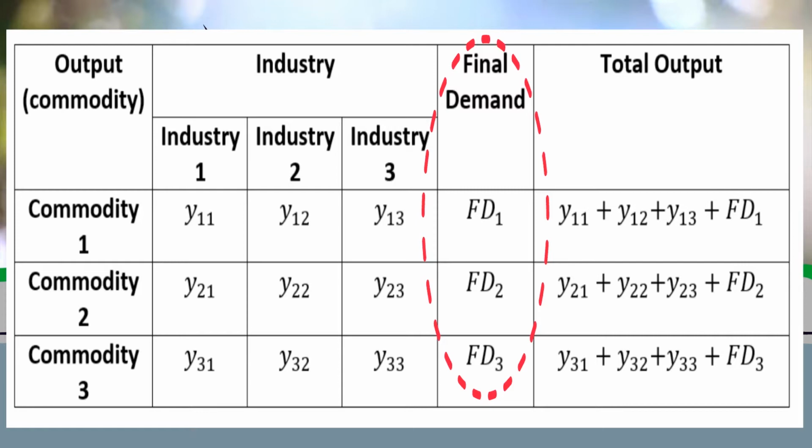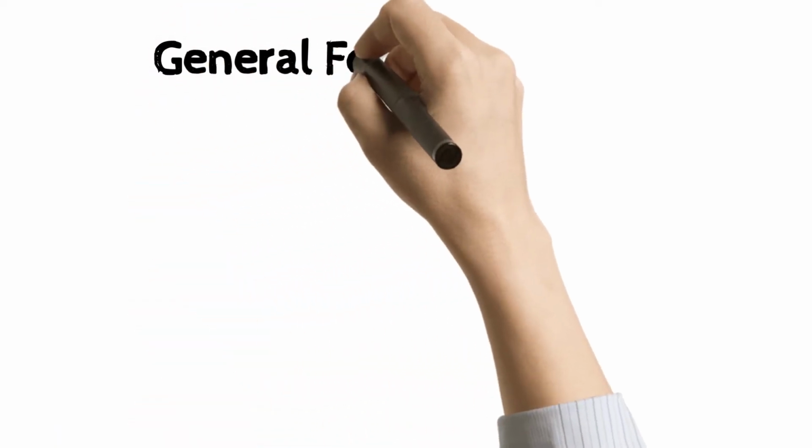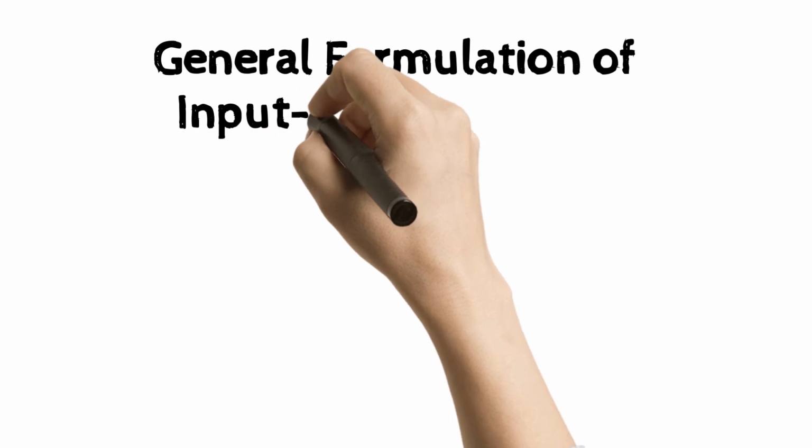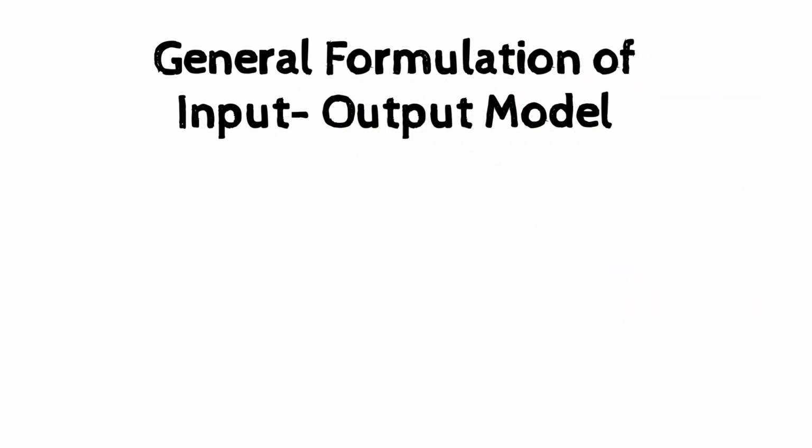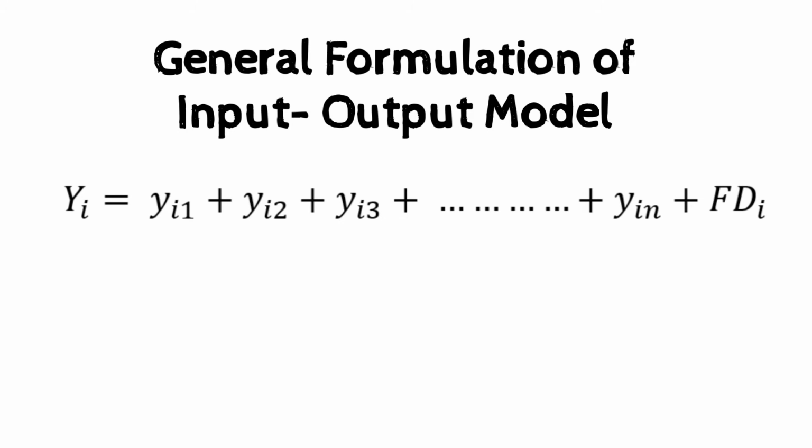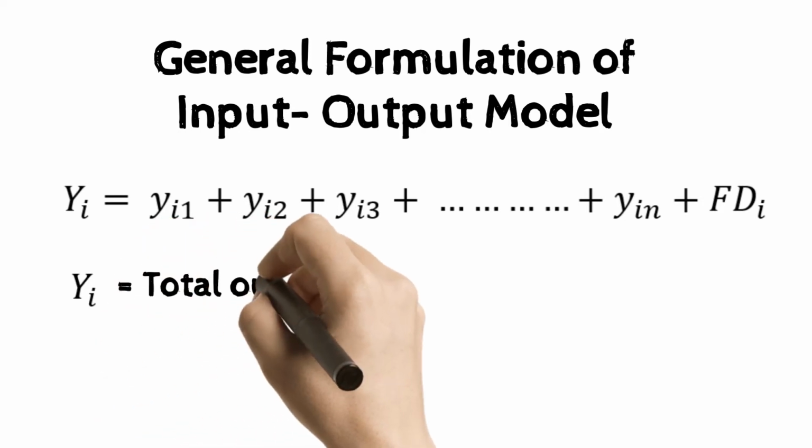Let us now formulate the general form of input-output model. Let us consider an open model. The total output of the ith industry may be written like this, where i is equal to 1, 2, 3 up to n. Yi is the total output of the ith industry.